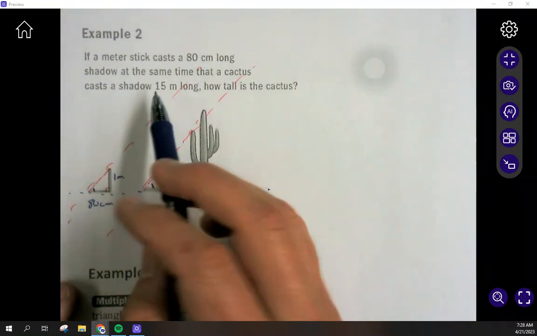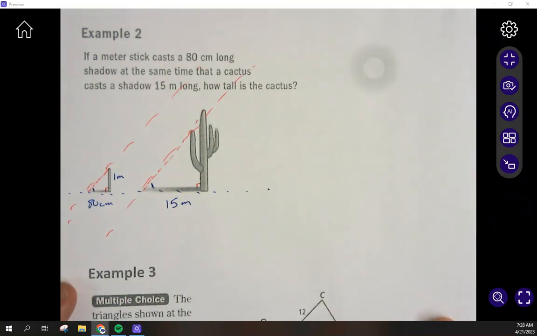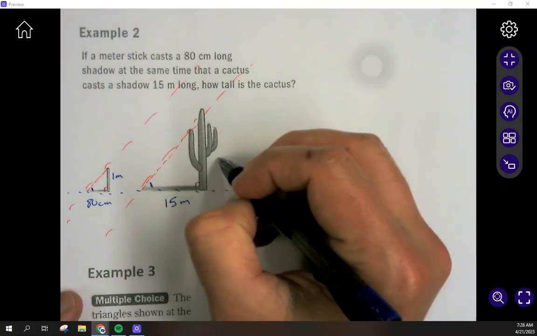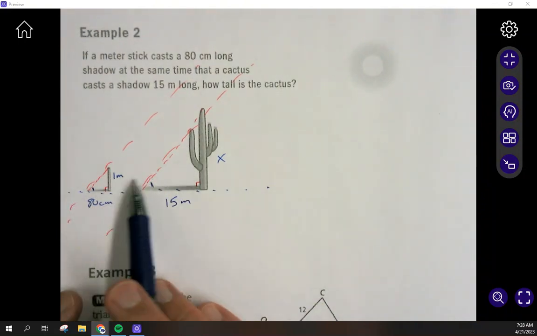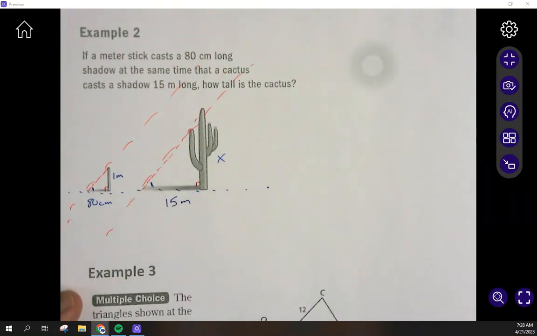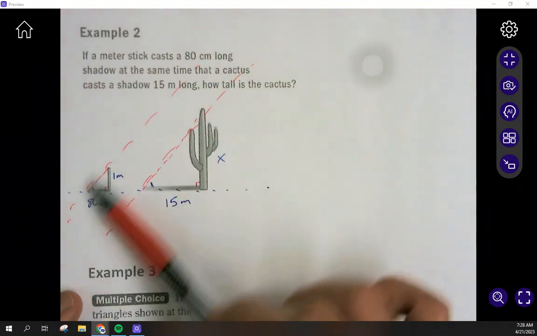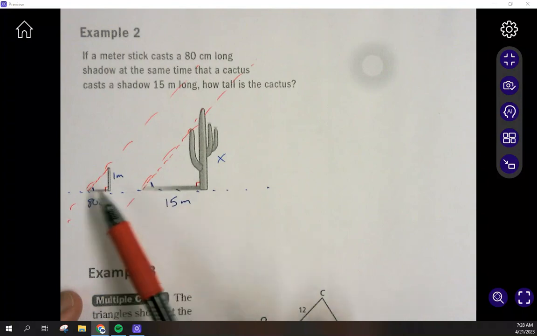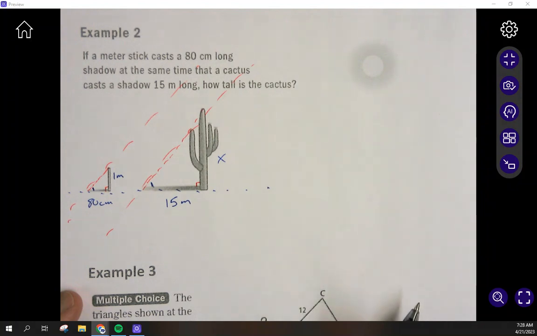And the cactus is casting a 15 meter shadow. They want you to find x. How tall is the cactus? So all we have to do is set up a proportion. This over this equals this over this. Cross multiply. Because these are similar triangles, because of the parallel lines here and the angles matching up, I can just set up a proportion, cross multiply, and solve. But I do need them in the same units.